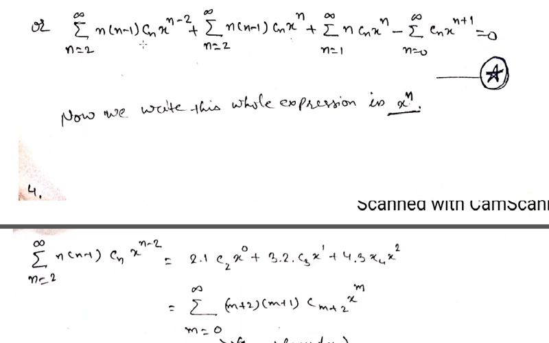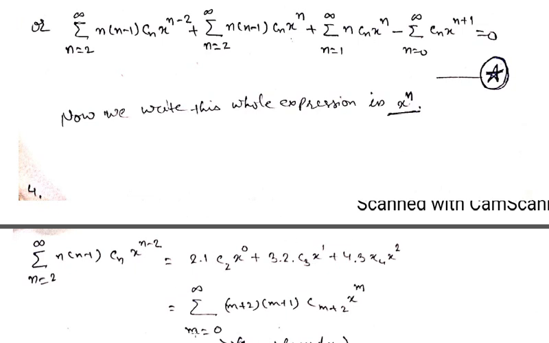In the first expression, first term, this can be written as, for n equals 2, 2 into 1 c2 x raised to power 0, 3 into 2 c3 x raised to power 1. For n equals 3, it becomes 3 into 2, and for n equals 4 it becomes 4 into 3 c4 x square.